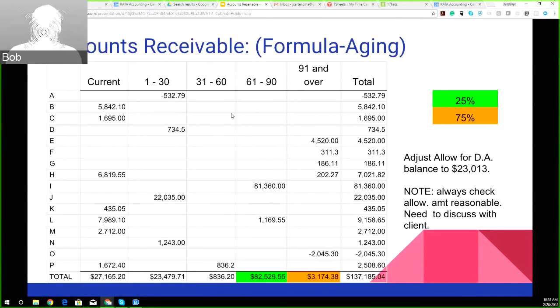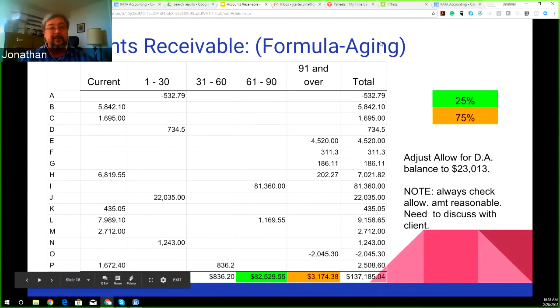Remember, this is an art, not a science that we're doing here, and you really want to tie this into your client's past experience. So $23,000 just sounds like too much of an allowance for a business. So you'll want to check that pretty carefully. Yeah, it's almost 20% of the entire receivables balance.